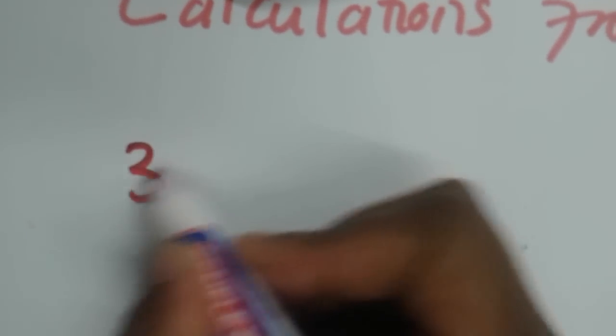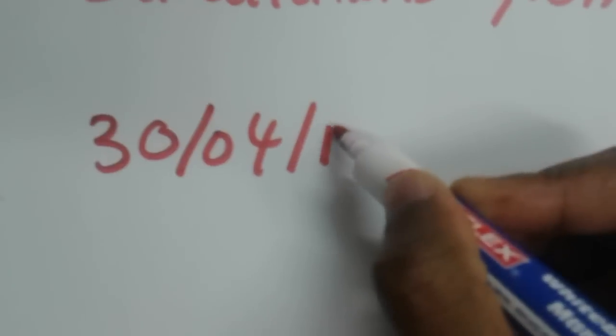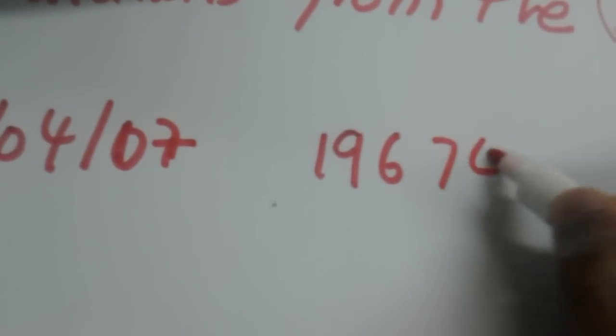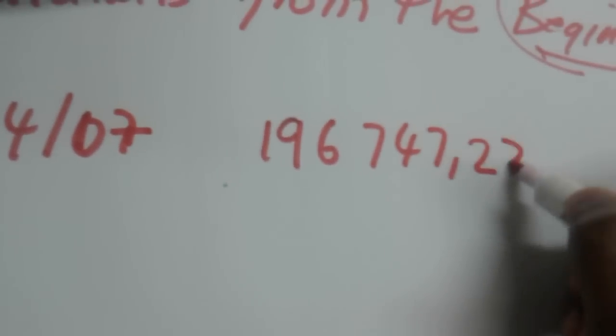Lump sum deposit. Now, quickly, I want you to tell me, on 1 May, you need to ask yourself, what was the balance just before the change? So we know that on 30 April, we had a balance of 196,747.22.